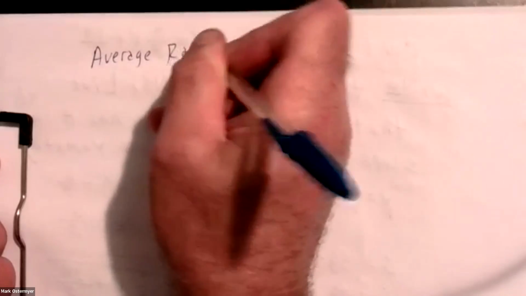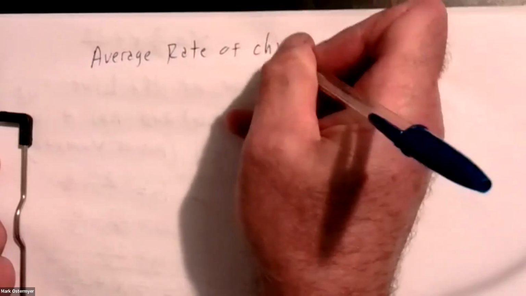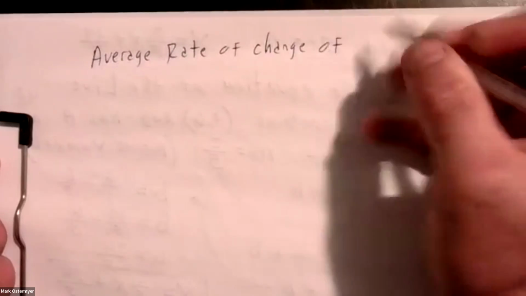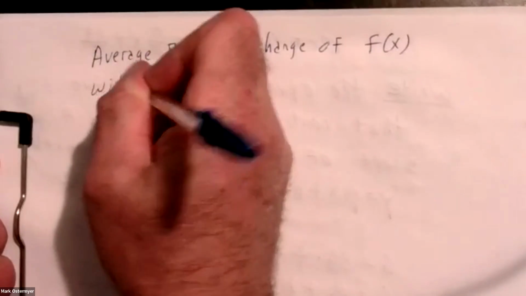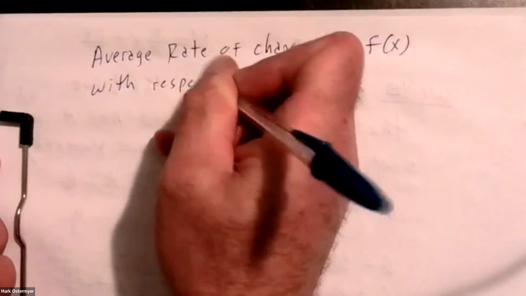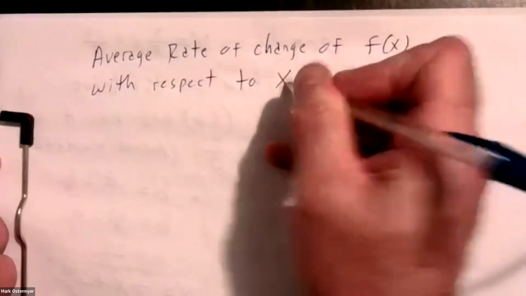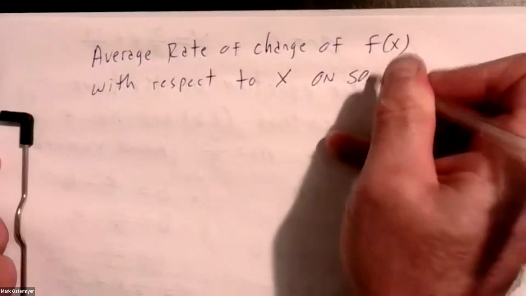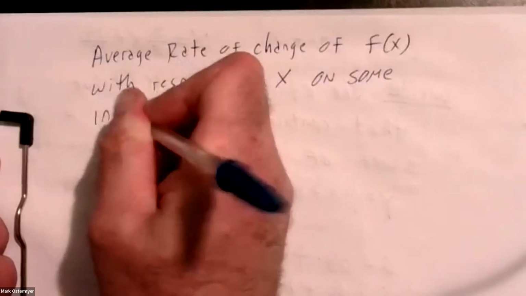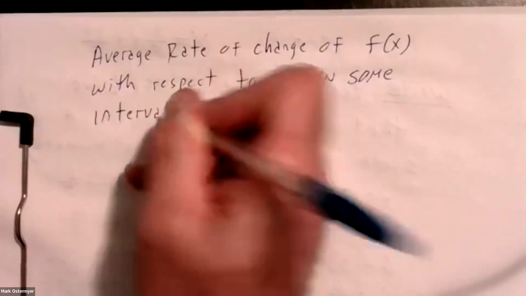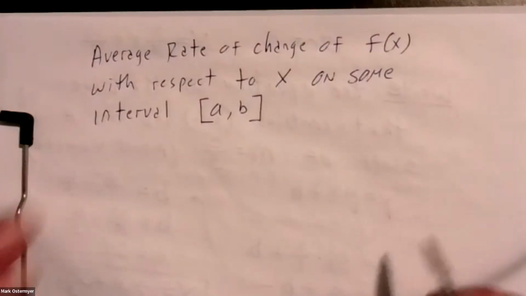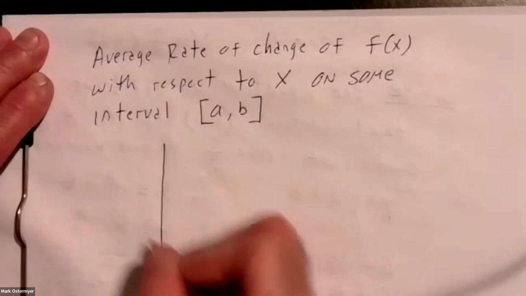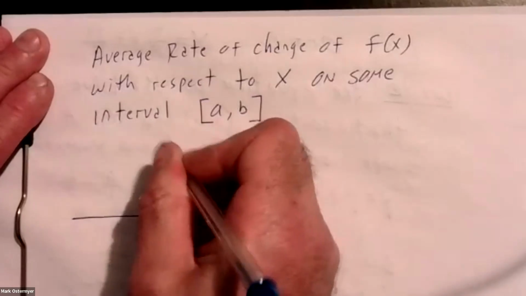The average rate of change of a function f of x with respect to x on some interval AB. Okay. Wow, that's saying a lot. What is all this saying? Let me draw a picture for you and you'll be able to see through the picture what all these things are saying here.